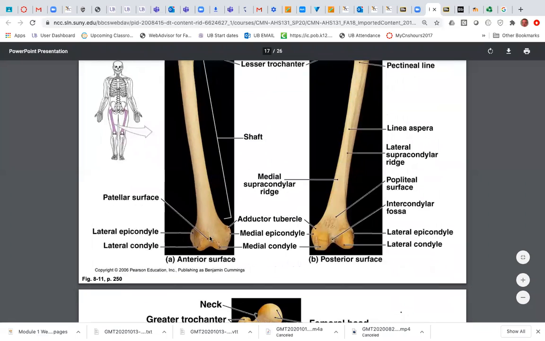In the front of the distal end of the femur is a smooth little surface where the kneecap will articulate. The kneecap is called a patella. So this is just the patellar surface.